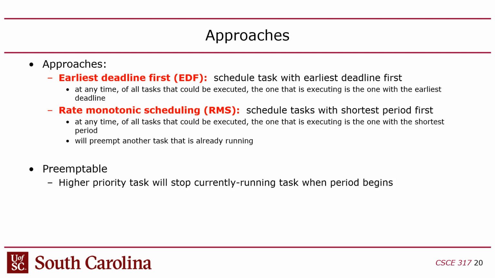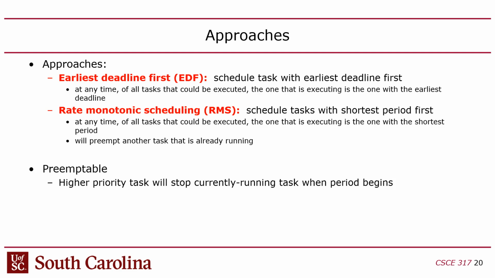Okay, problem solved, right? Well, no, not exactly. The problem with EDF is it works. It's actually an optimal scheduling algorithm for one CPU, meaning that as long as the utilization is less than or equal to 100%, then this will work, right? And we're done, right? The problem is finding what the earliest deadline is.